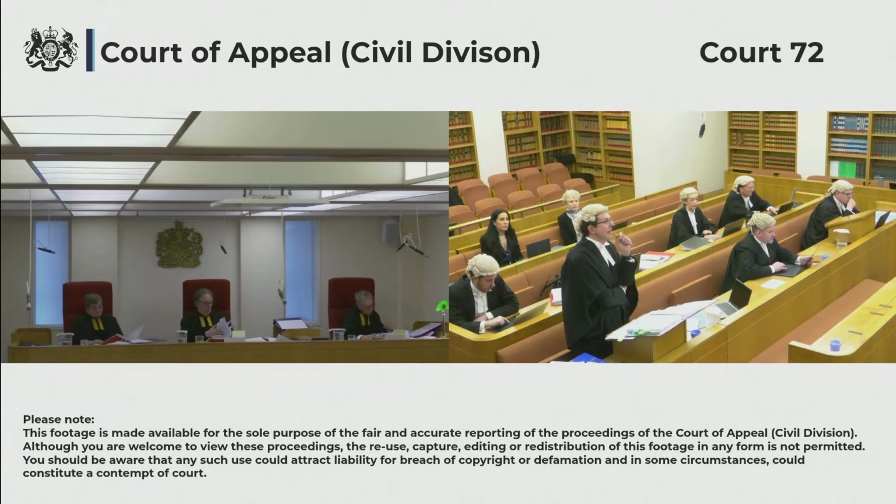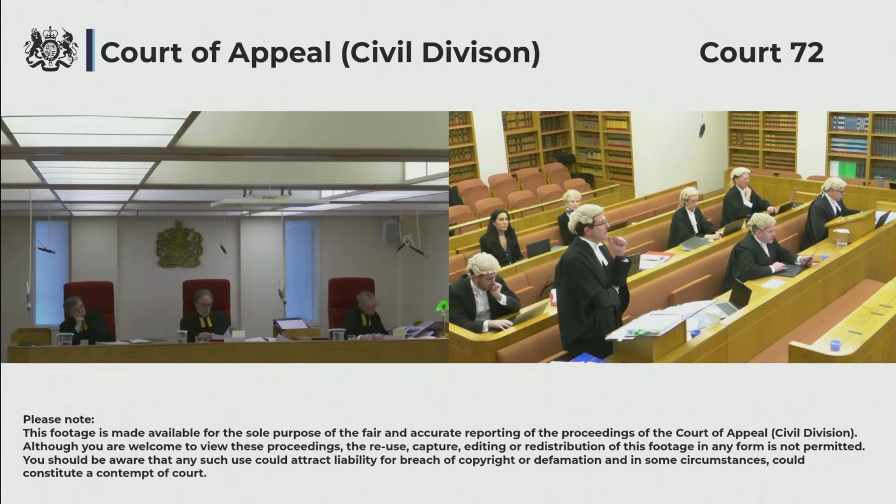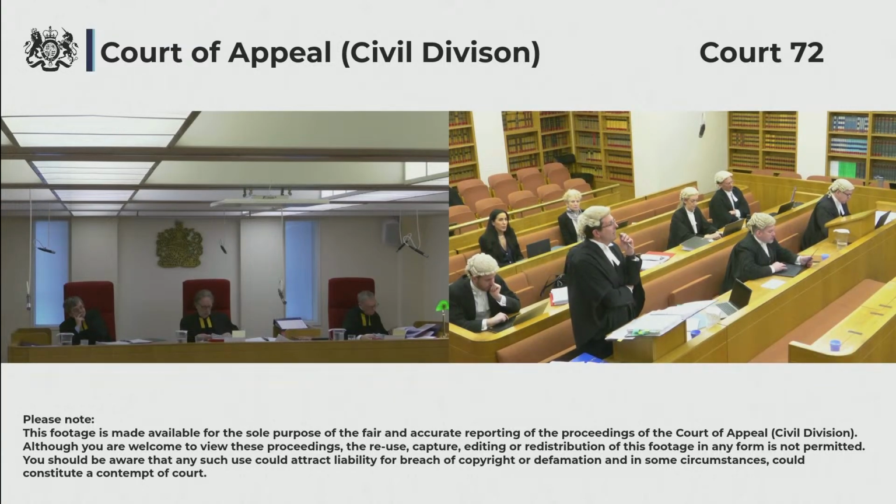If you thought a measure was totally unfair, totally irrational, totally arbitrary, then, depending on the ground, there might be a reason to intervene. But as I say, the problem here is we are dealing with something that is a long way away from the suspect ground. So it would have to be very clearly irrational in order to intervene.